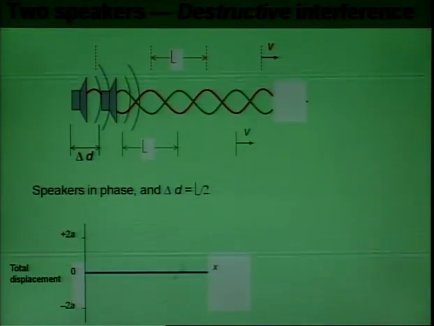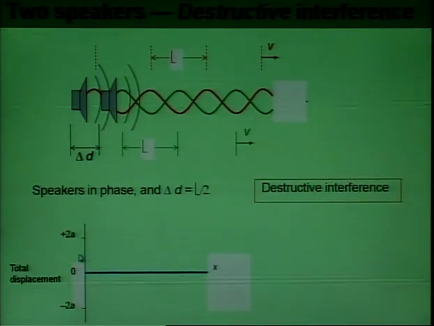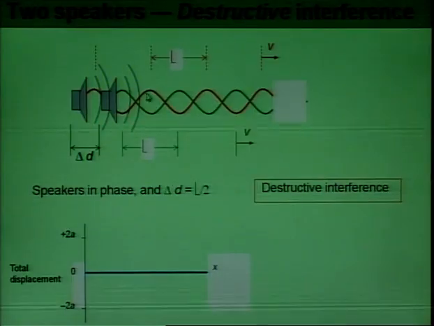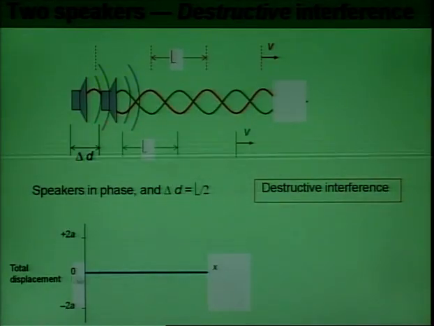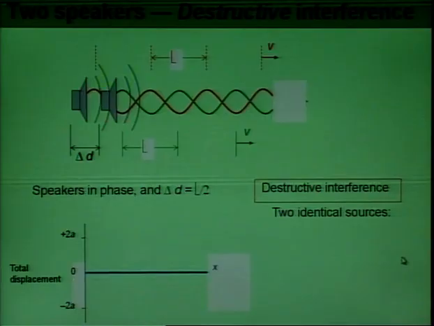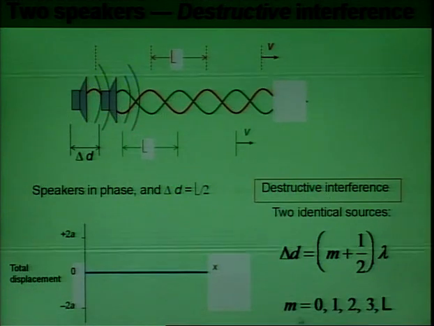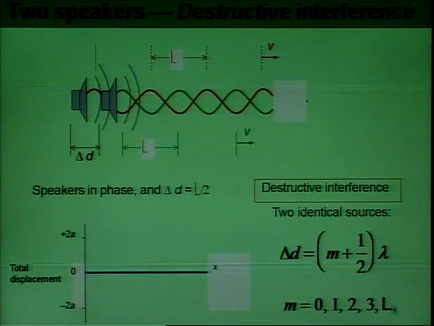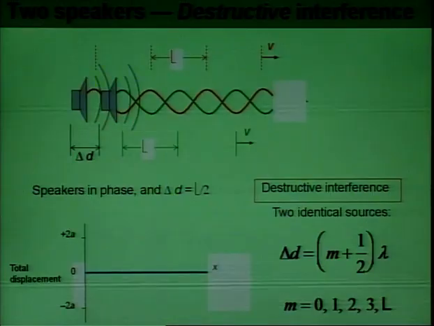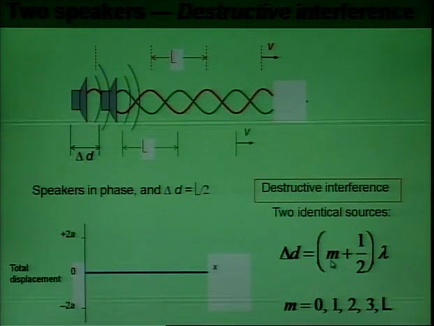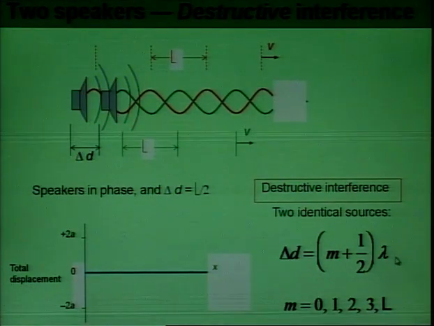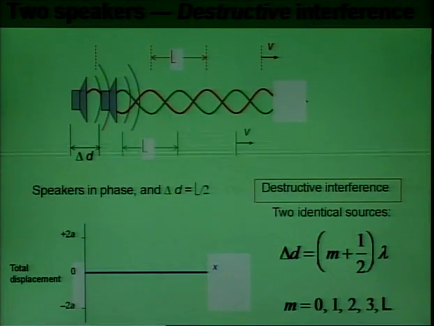In this case, the output is 0 when both waves have the same amplitude. Destructive interference occurs when the path difference is m plus half times lambda, where m can be 0, 1, 2, 3. So these are the conditions when destructive interference occurs.